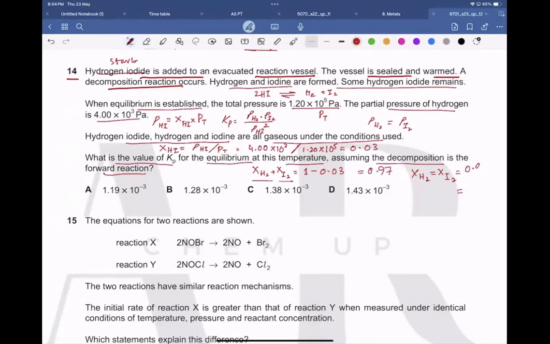So for 0.97 divided by 2, can anyone divide 0.97 by 2? 0.485 is the mole fraction of hydrogen and the mole fraction of iodine.